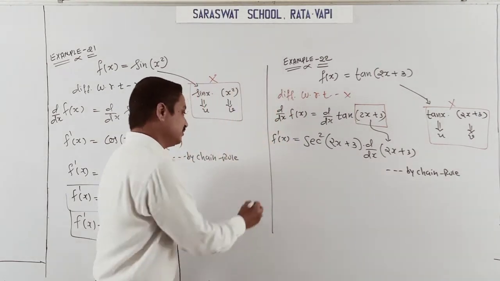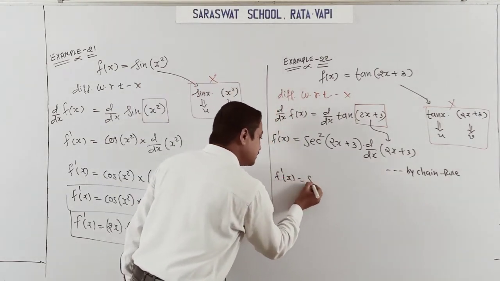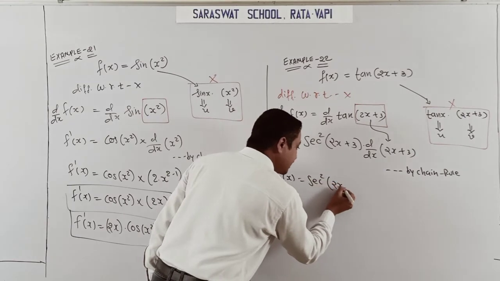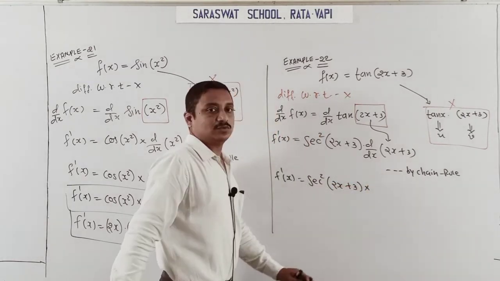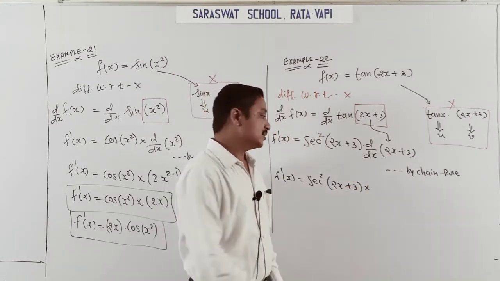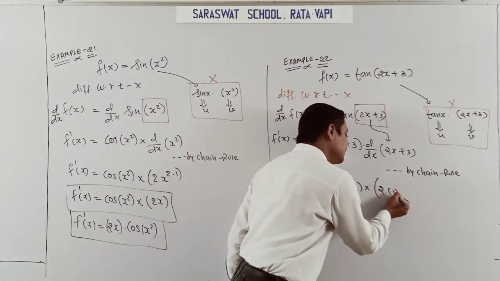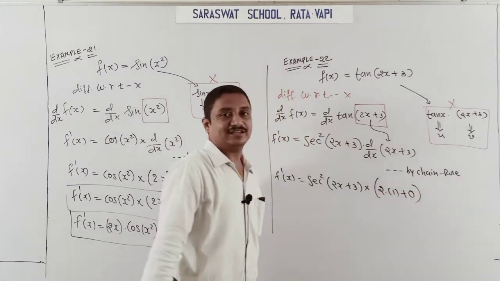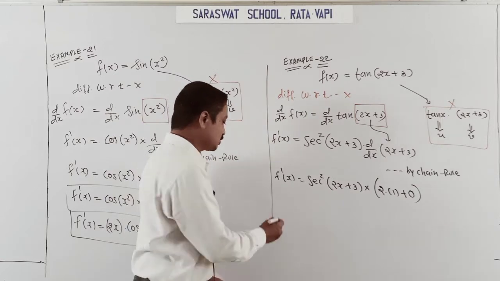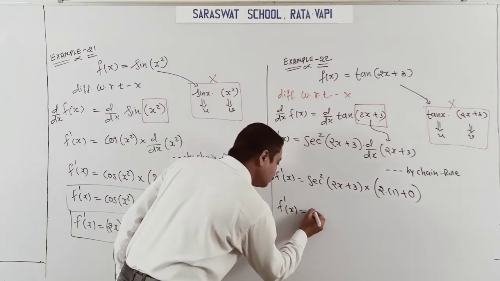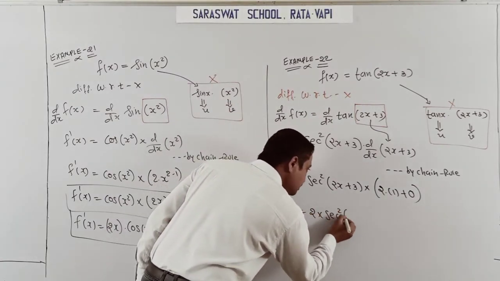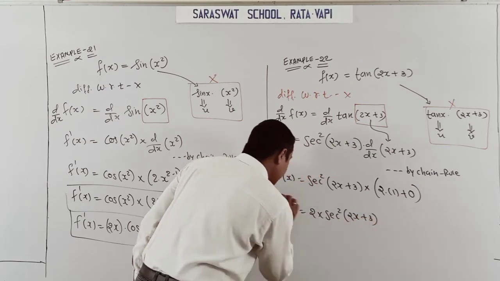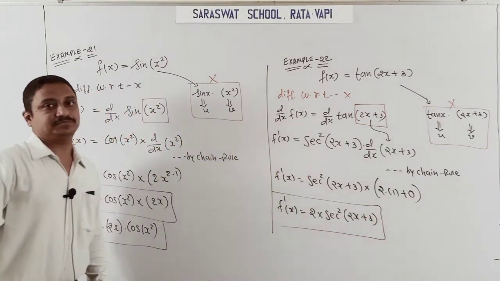Yes. Now, see the f dash x. Here sec square of 2x plus 3 is as it is. And students, what is the 2x plus 3 derivative? 2x gives 1 and 3 gives 0 because it is a constant. So your final answer is 2 into sec square of 2x plus 3, and here ours ends.